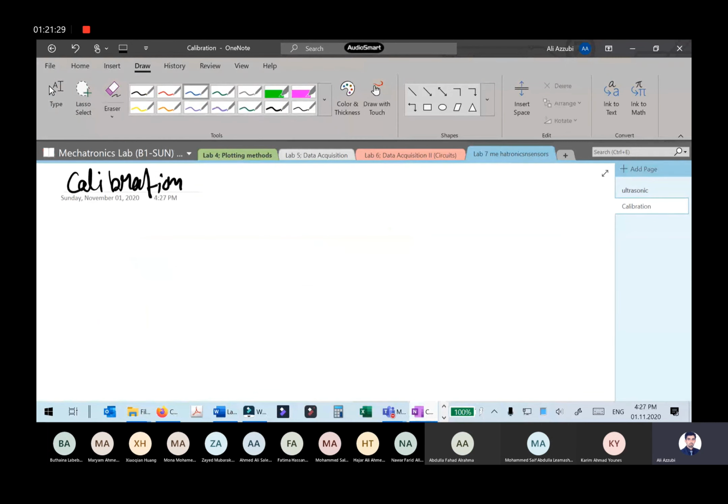I have here a device, a sensor. And now the sensor has an input. In case of sonar, what's the input to our sensor?